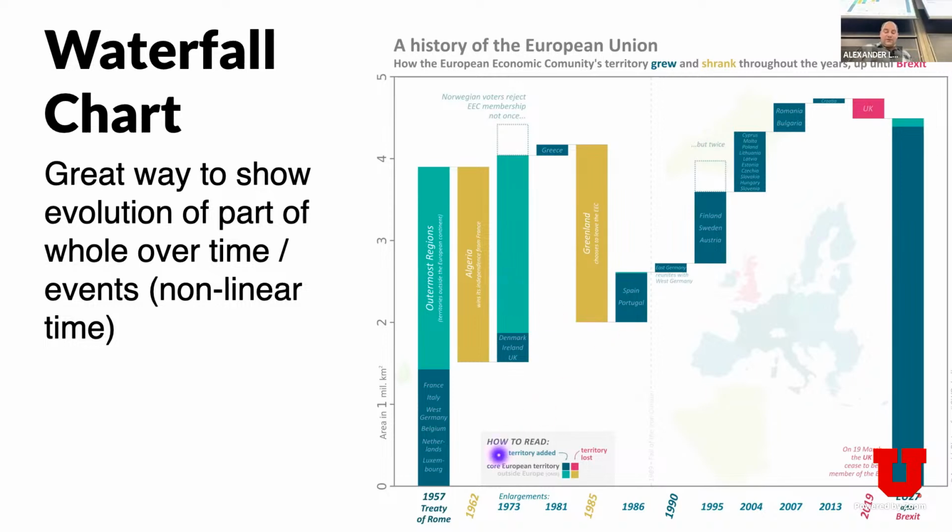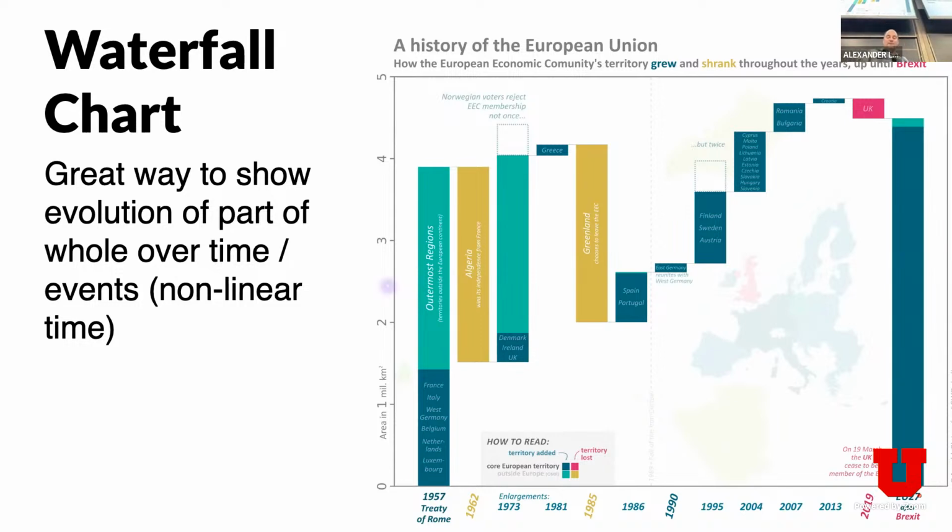It started out in 1957 with the Treaty of Rome. We have the core European territory in dark green, and then outermost regions, which are kind of like European colonies that belong to European countries, but are outside of what we usually would geographically call Europe.